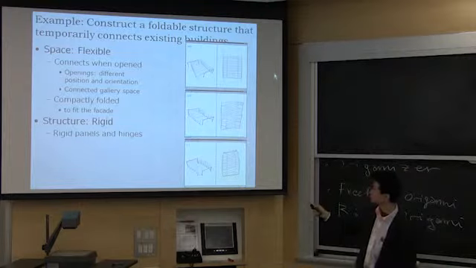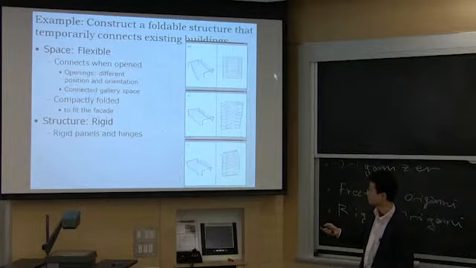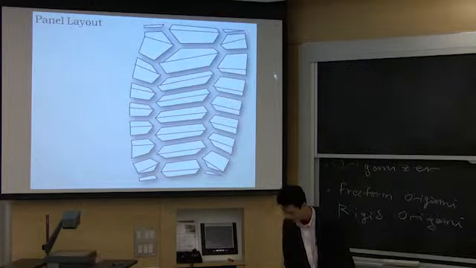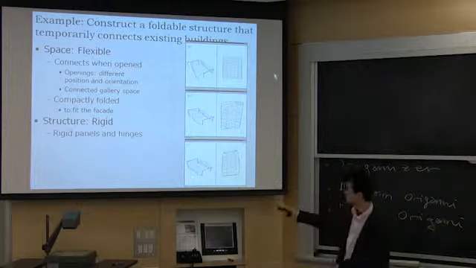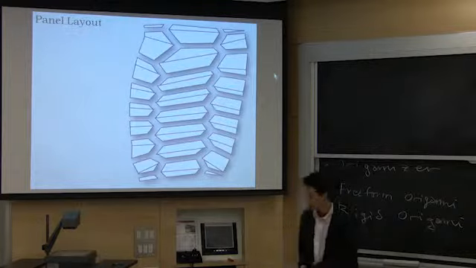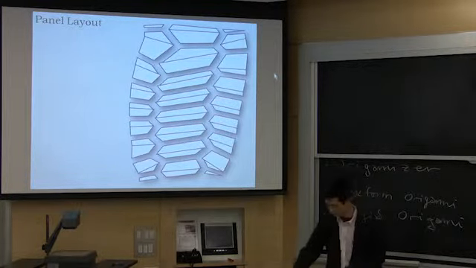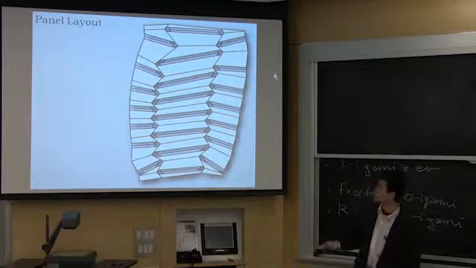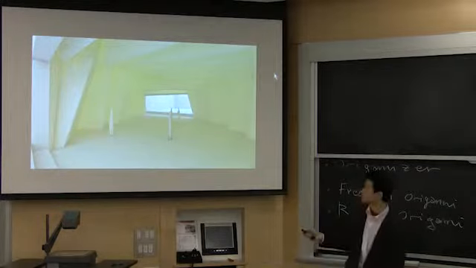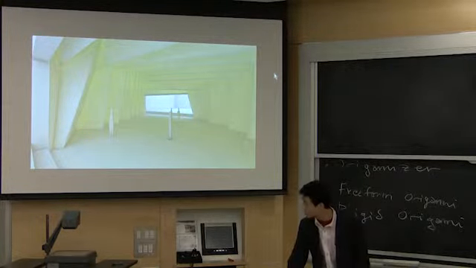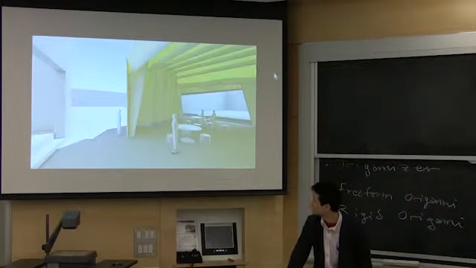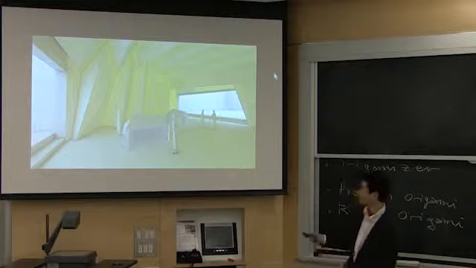But still, you can connect them with free-form origami, and also you can keep the boundary to fit on the ground, and then you can get these form variations, and you can choose one of them and calculate the paneling patterns, and then you can make, well, this is a rendering representation, but basically you can make this kind of structure that can connect two buildings.